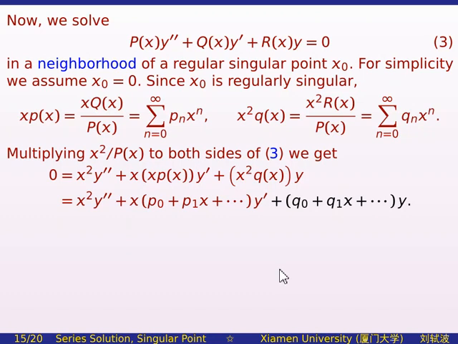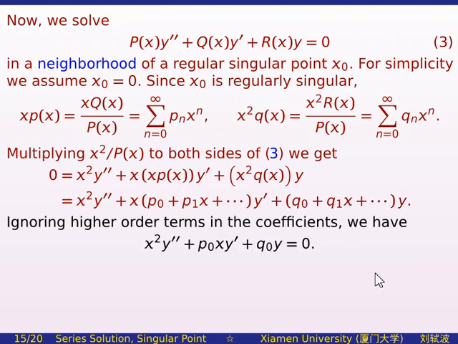Now, ignoring the higher order terms in the coefficients, we only keep the first term, because we are studying the behavior of the equation near x0 equals 0. When x is close to 0, it is reasonable to ignore the higher order terms. So we obtain this equation: x squared y'' plus p0 x y' plus q0 y equals 0.